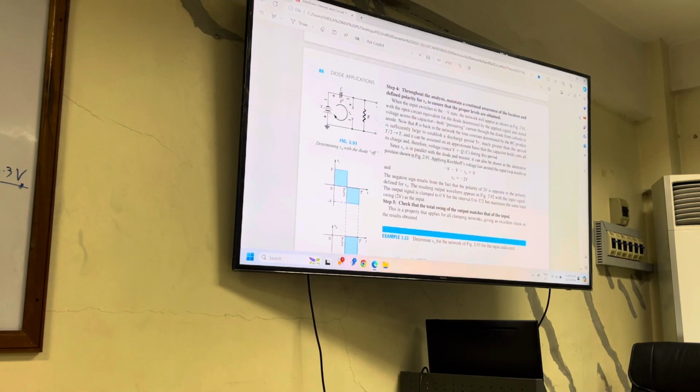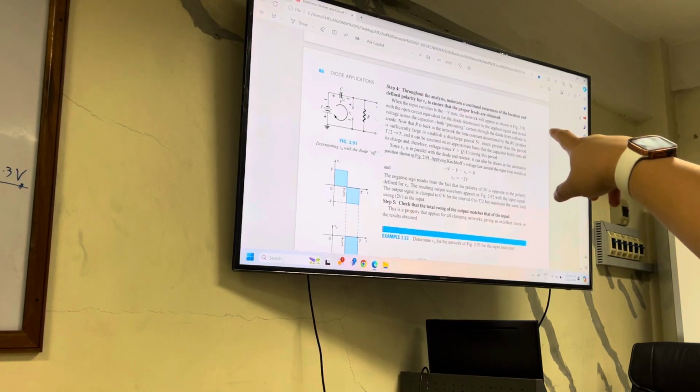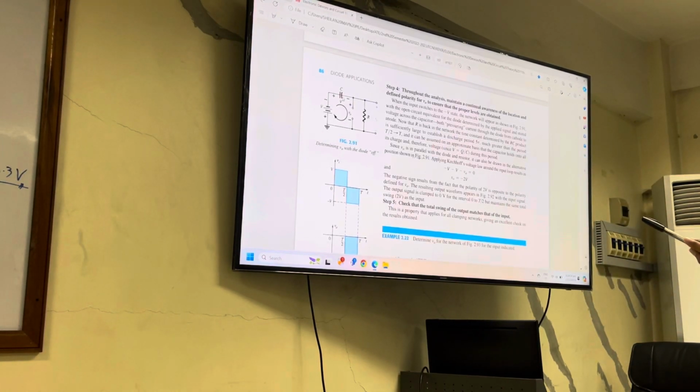But since VC is just equal to V, it goes out of the resistance and becomes VO. So VO is equal to V.